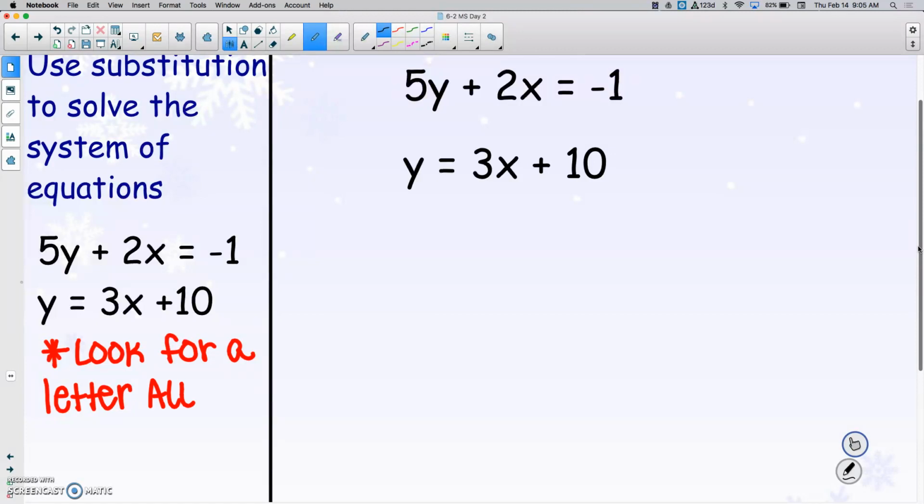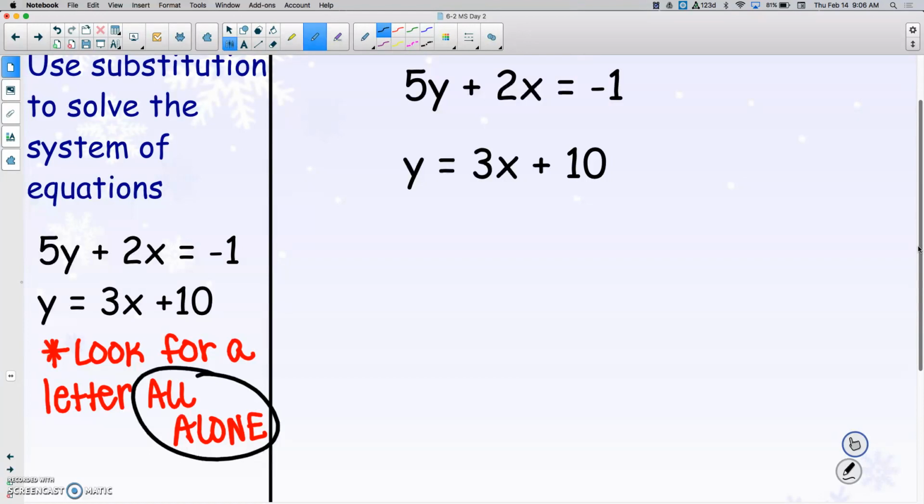And when I say all alone, that means it's the only thing on that side of the equation. So there can't be any other numbers or letters or operations with it. It has to be just the letter X or just the letter Y on one side of an equal sign.